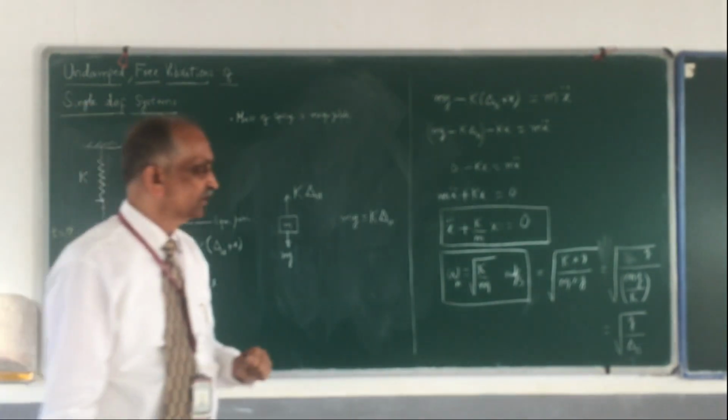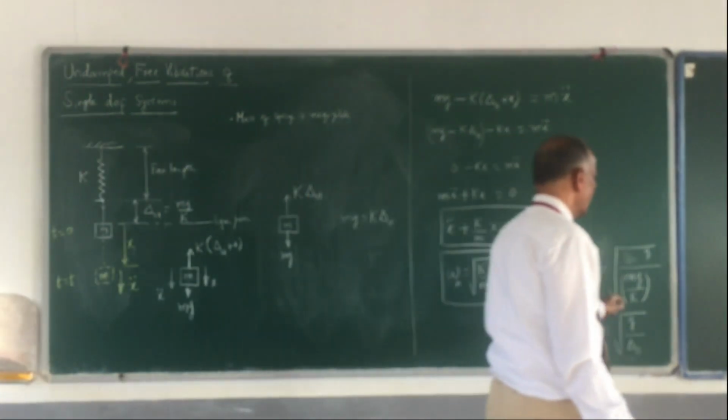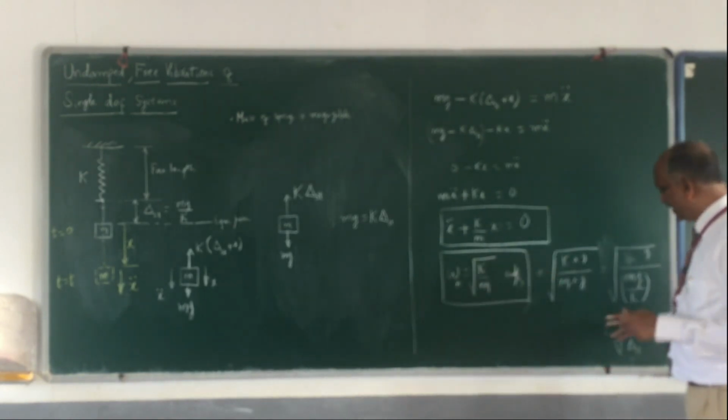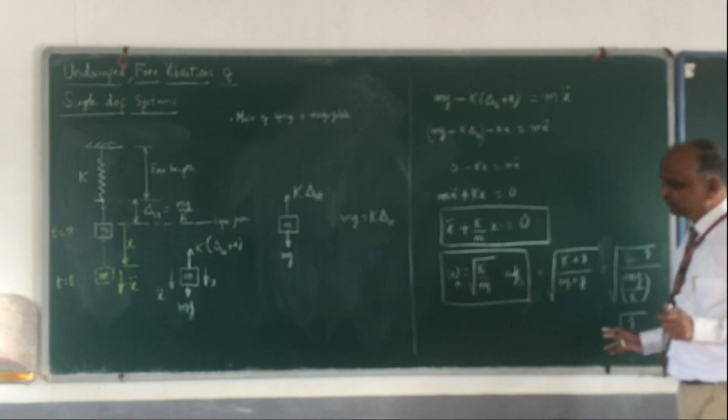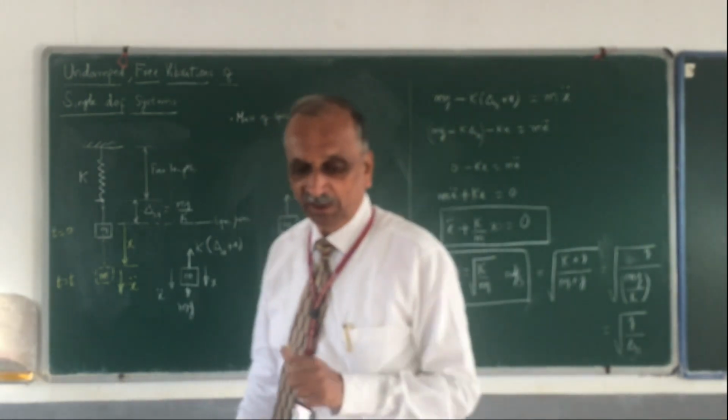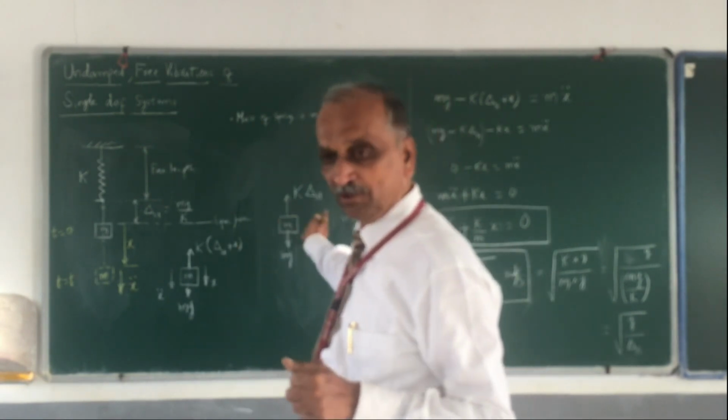The natural frequency is also equal to the root of g by delta st. So substituting the values of k, m, delta st, you may have a numerical problem also. I hope you have understood.